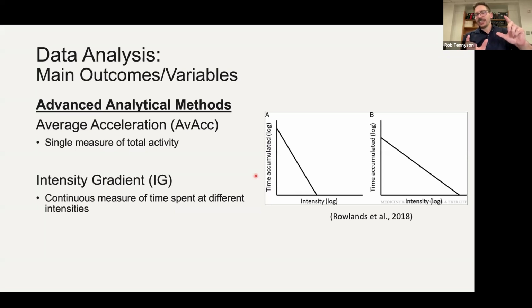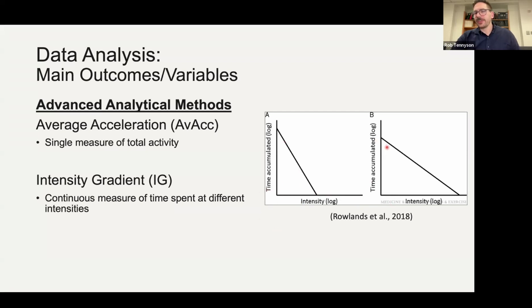Usually if you didn't log it, you'd get a curved line distribution where people spend very little time at high intensities and a lot of time at low intensities. So when someone's slope is more negative, you're spending less time at higher intensities and more time at lower intensities.